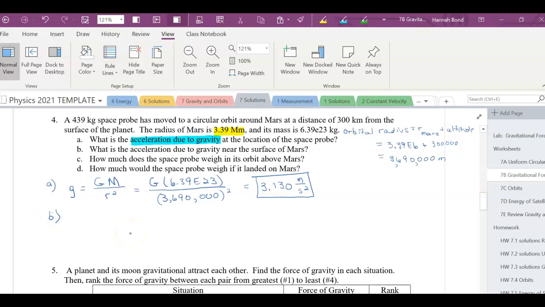Then the question is, what is the acceleration due to gravity at the surface of Mars? So this is the g on orbit, you know, where the space probe is. But what about on the surface of Mars, the acceleration due to gravity at Mars?